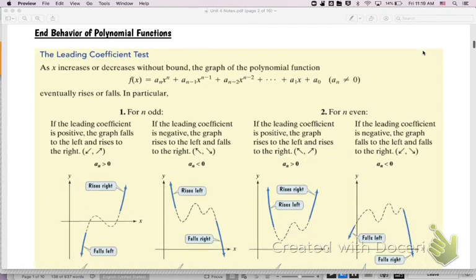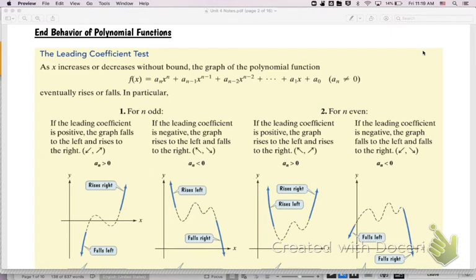All right, we're going to review a couple of the things that we learned from Algebra 2. In Algebra 2, you looked at the end behavior of polynomials. For end behavior, we can use the leading coefficient to determine what the arrows do on either side of a polynomial. So we're going to look at two things. Is the degree of the function even or odd?